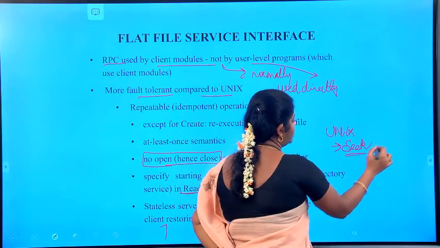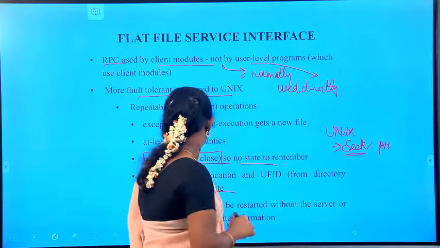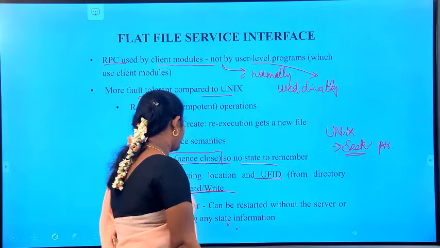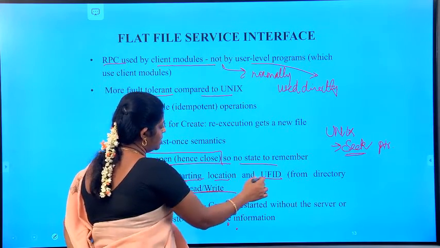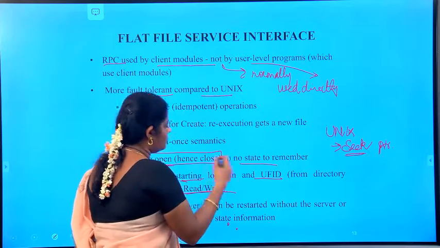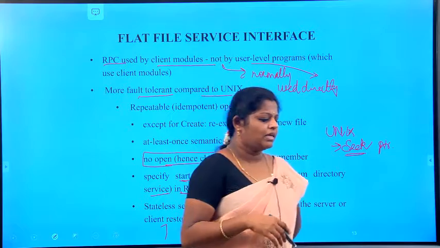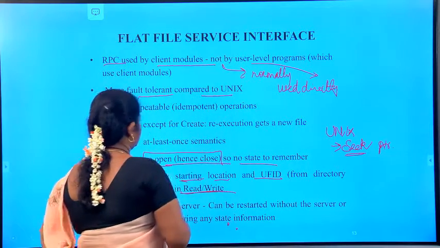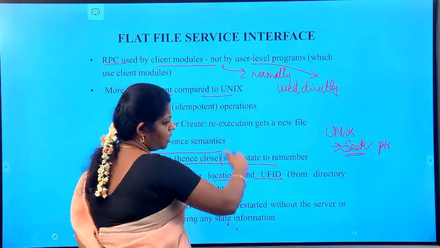In our interfaces we don't have that. Instead, it uses the starting location as a parameter, together with the UFID from the directory service, for read or write. So these are the differences from Unix.